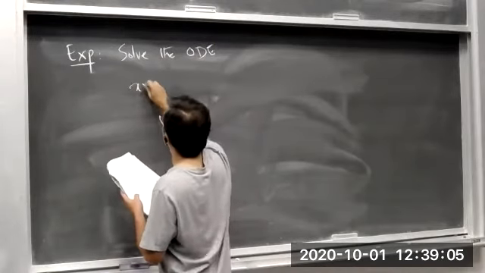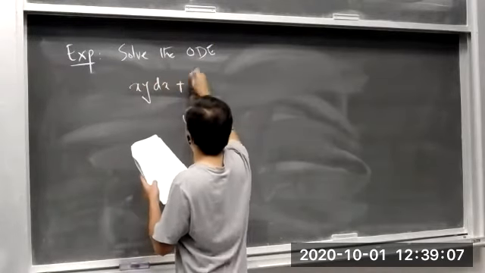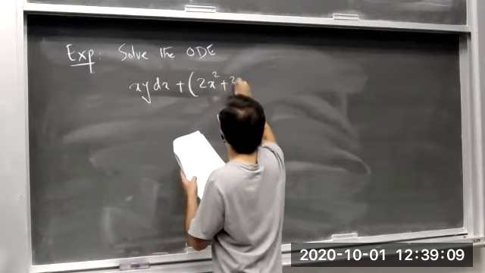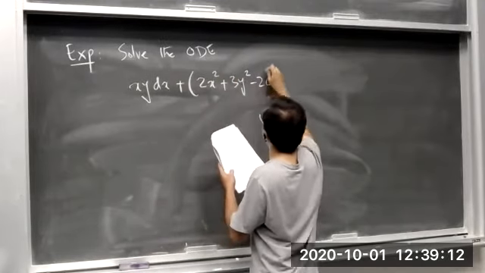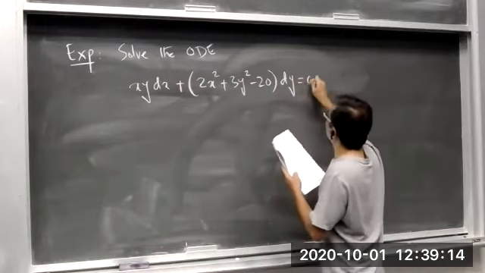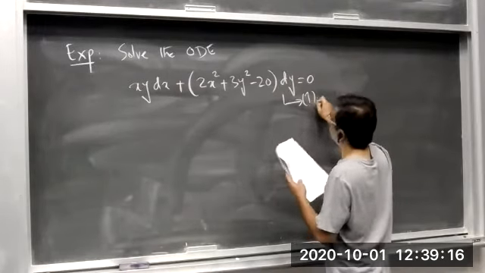What is the ODE? xy dx plus 2x square plus 3y square minus 20 dy equal to 0. Now this is equation 1.